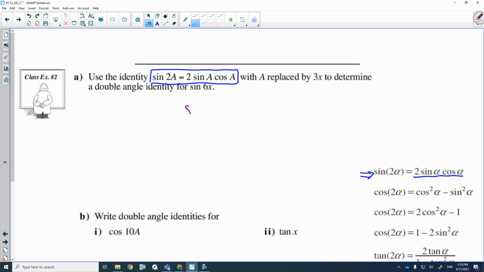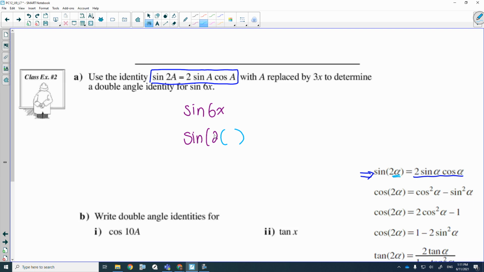Here's how we would do this. Write down the sine of 6x. In order to get that into a double angle, we know that all of our double angles have to have a 2. So I'm going to write the sine of 2. Then, what would my alpha be? In order to figure out my alpha, I'm going to take 6x.